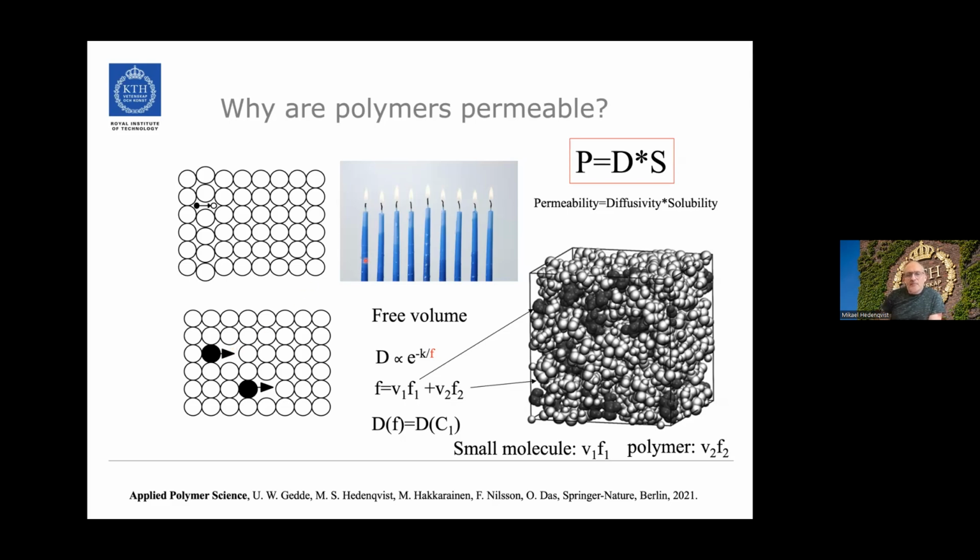Candles or paraffin materials are almost 100% or perhaps 100% crystalline. So the crystalline phase is not permeable to small molecules. Helium or hydrogen can actually go through crystals if there are defects, but otherwise those are tight, and the candle has essentially only crystals.